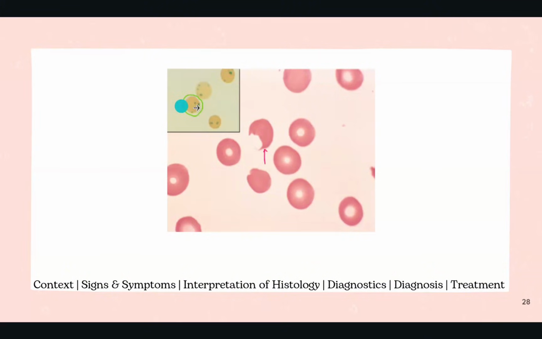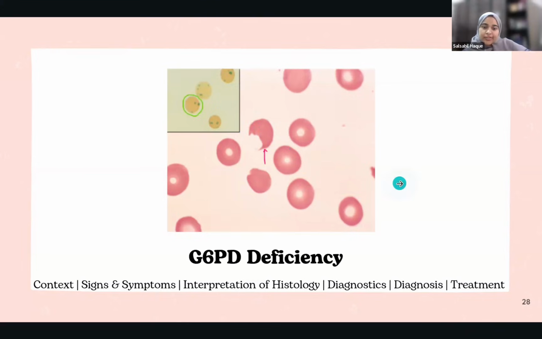Heinz bodies, yes, perfect. So these are Heinz bodies, and these are bite cells. Again, you can see here that this is a special stain that's being used. It's called supravital stain, and it checks for small inclusions in the body, or remnants of DNA or RNA, which is Heinz bodies, and this is bite cells. So this indicates a G6PD deficiency.